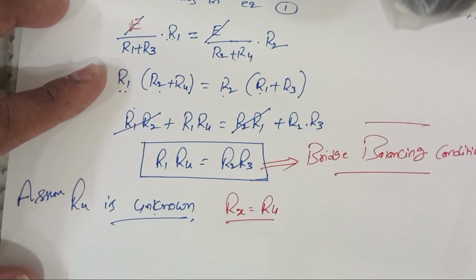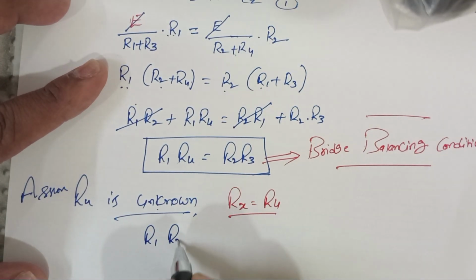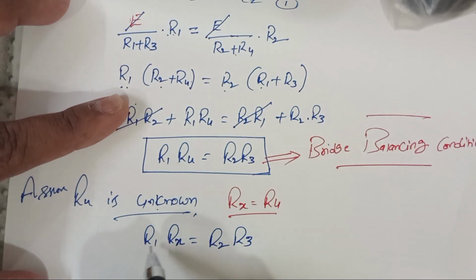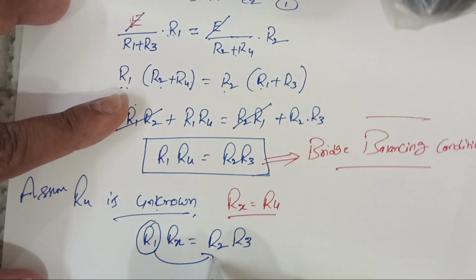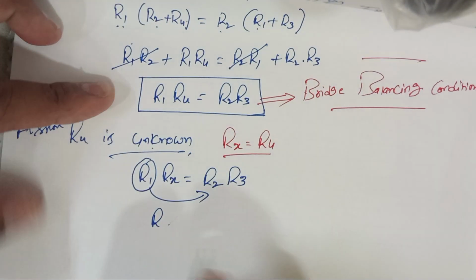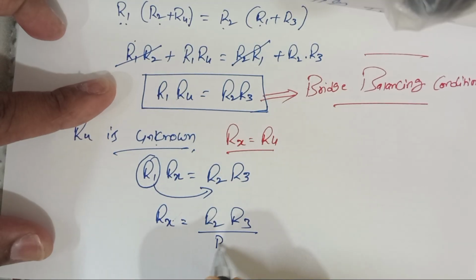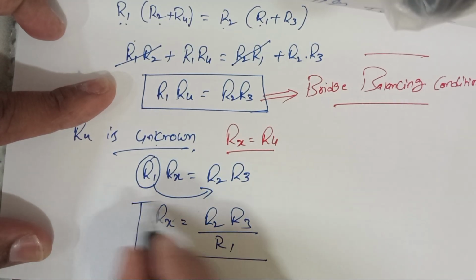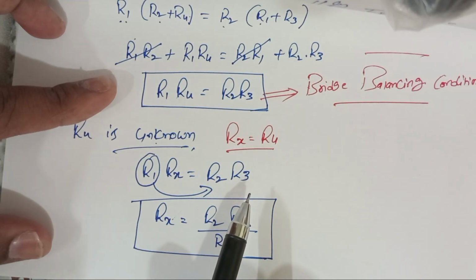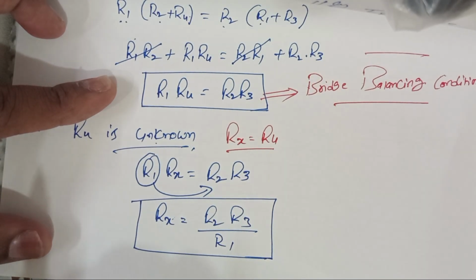By substituting this value, R1 Rx is equal to R2 R3. Now moving R1 to the other side, Rx is equal to R2 R3 by R1. It is the unknown value of resistance. Like this, we can find the unknown value of resistance by using the Wheatstone bridge.